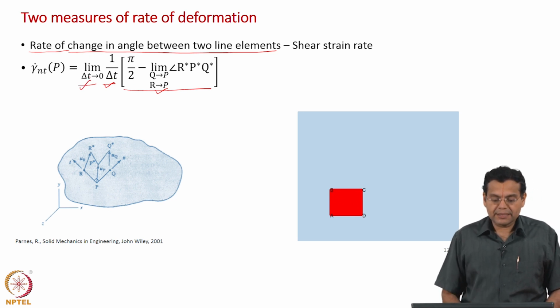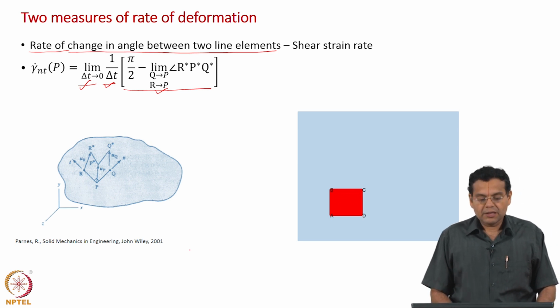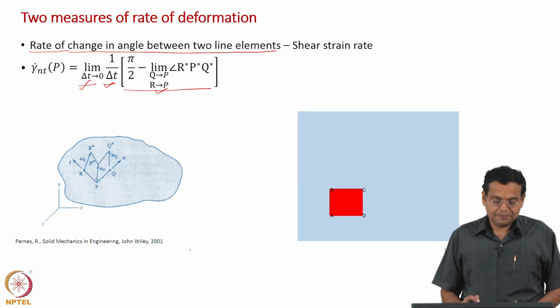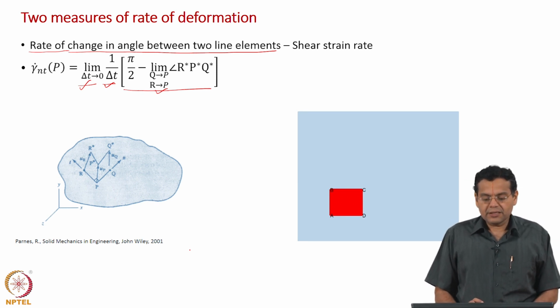So, that makes the definition of shear strain rate valid at every instant of time. Okay. In the case of solid mechanics, we need a definition which is valid at every point, but now we need a definition which is valid at every point and every instant of time.